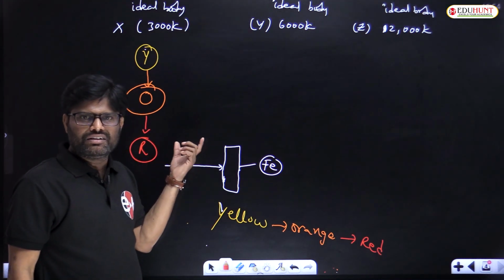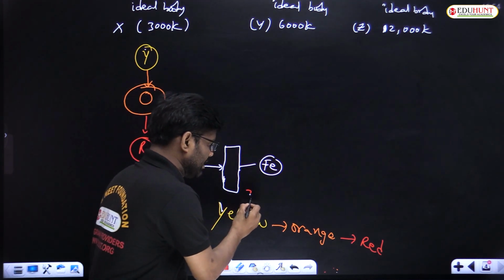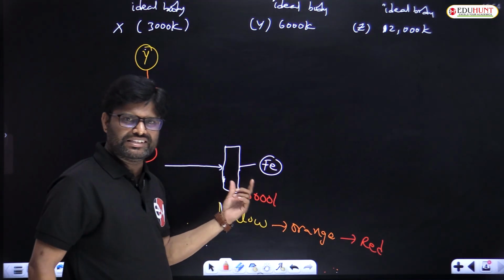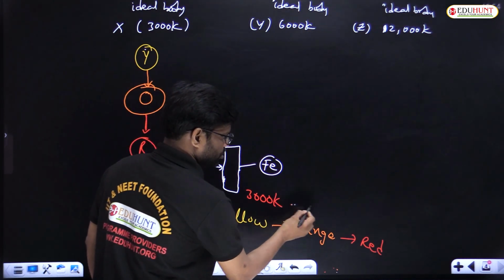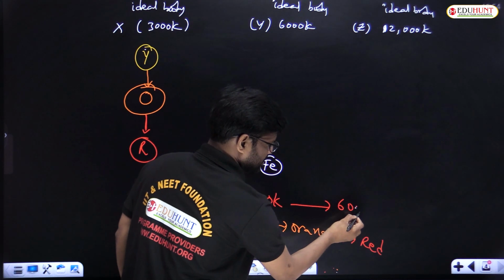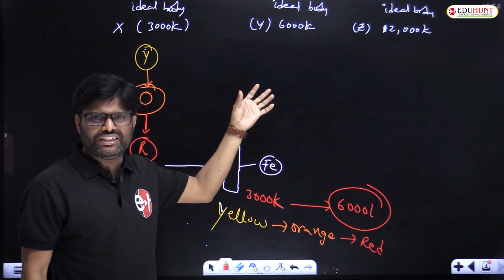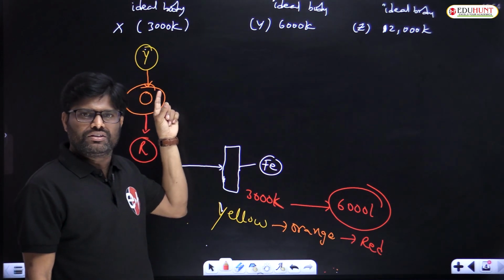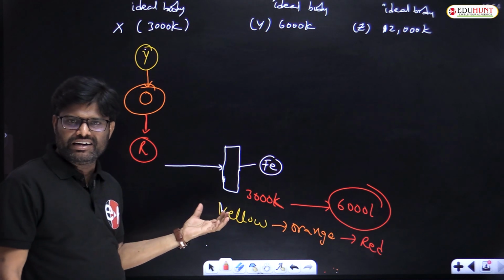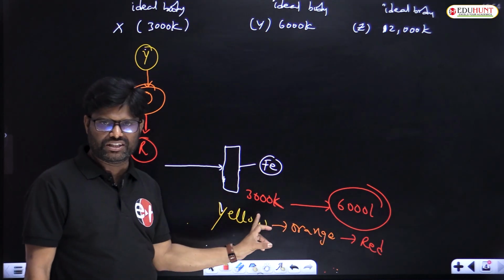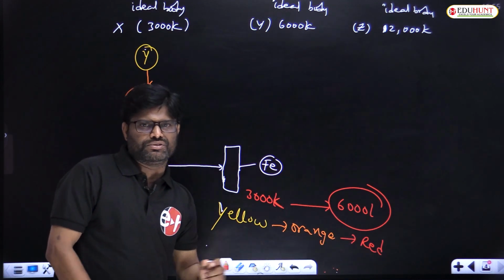So here, this is 3000 kelvin temperature. When increasing the temperature again up to 6000 kelvins, what happens? The intensity of these colors changes. When the iron object is heated first at 3000 kelvins, yellow forms first, orange forms next, red forms.